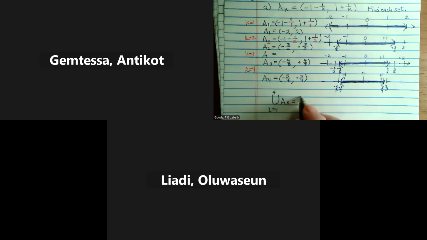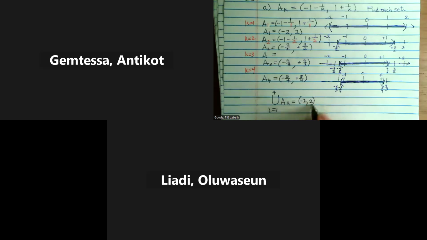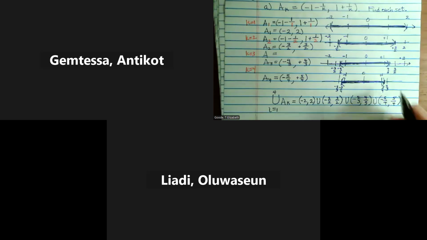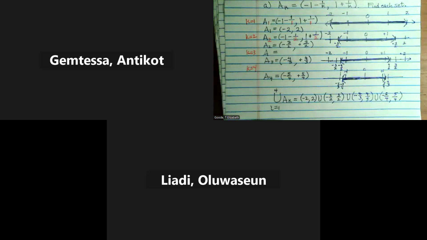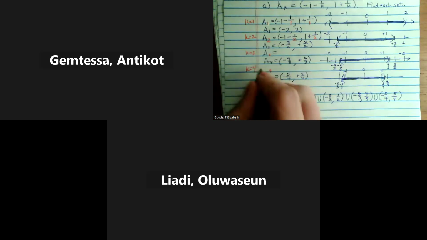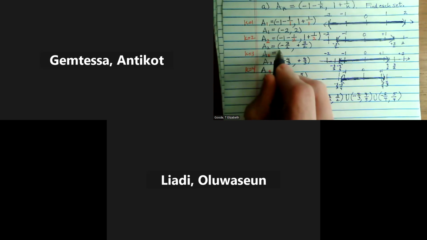So it's -2 to 2, union -3/2 to +3/2, union -4/3 to +4/3, union -5/4 to +5/4. These are nested inside each other. So what do we get when we take the union? -2 to 2.